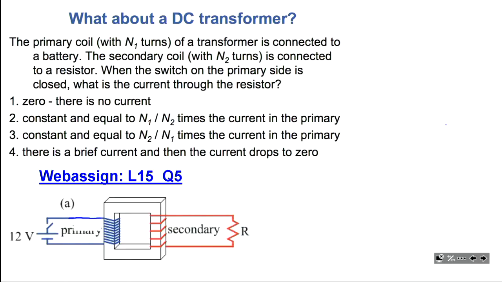What's going to happen with magnetic flux when we close the switch? When the switch is closed, the electric current starts traveling in the primary coil. Well, because of Lenz's law, this electric current reaches a certain value, not instantly.